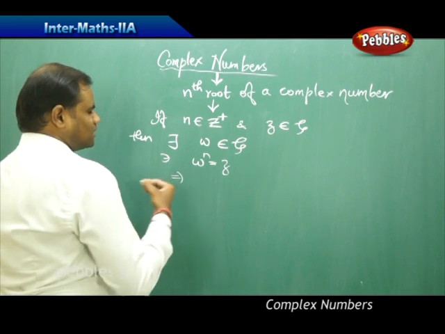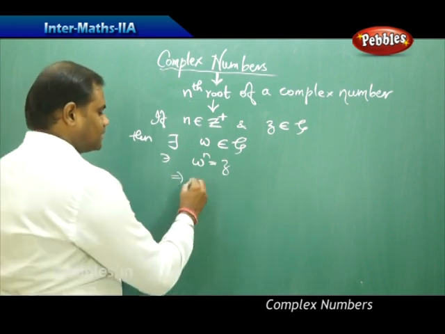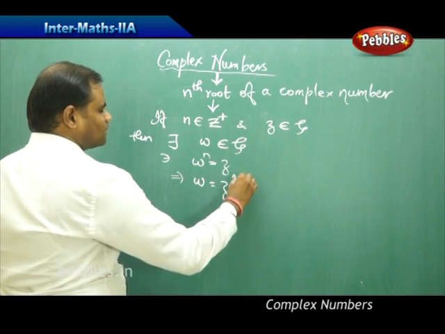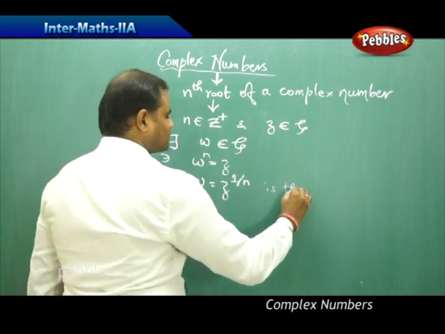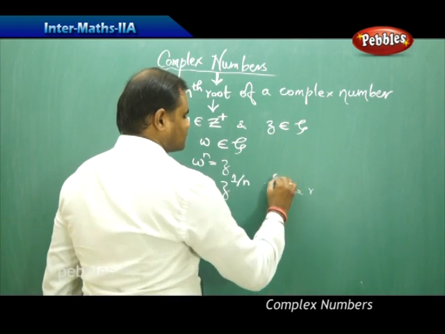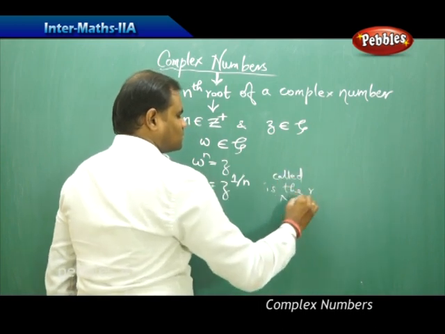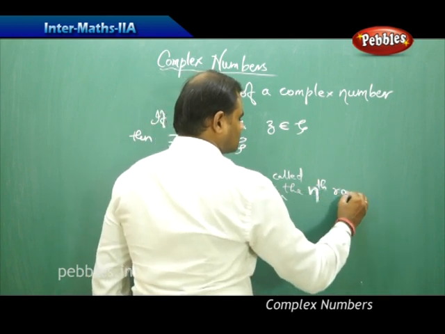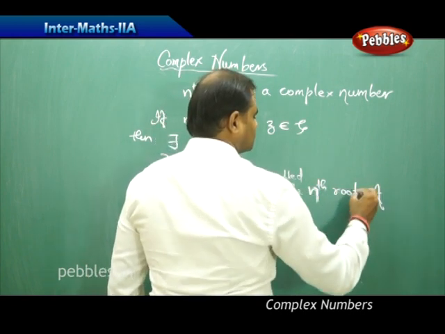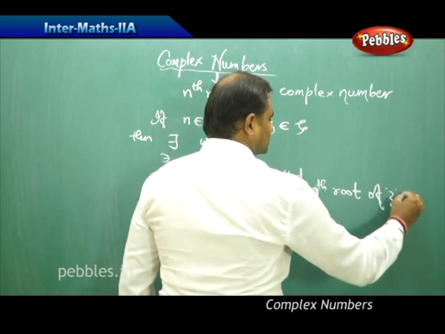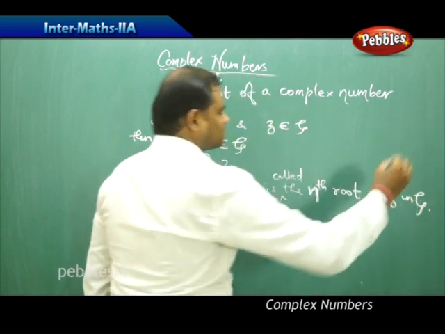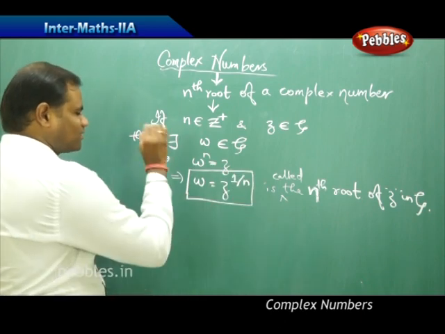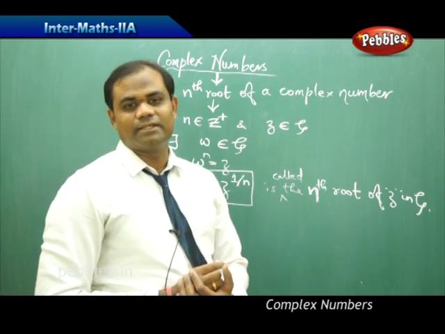That implies if w power n is z, then w, which is z power 1 by n, is called the nth root of z in C.